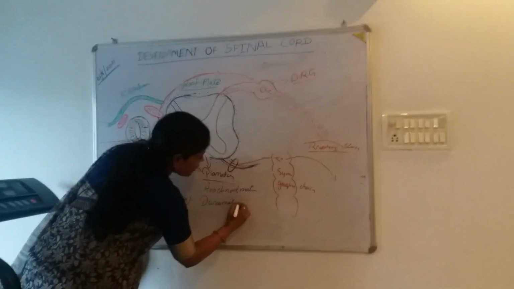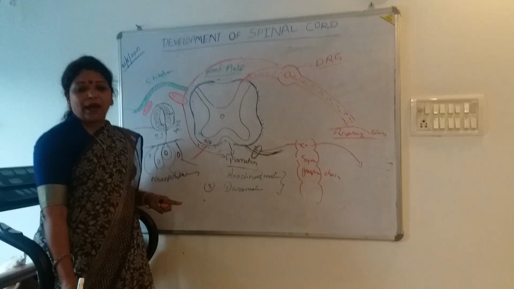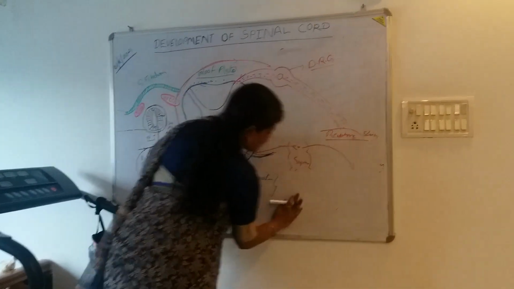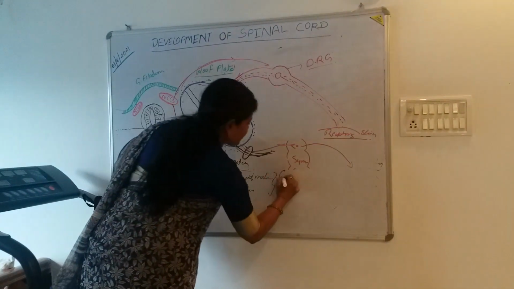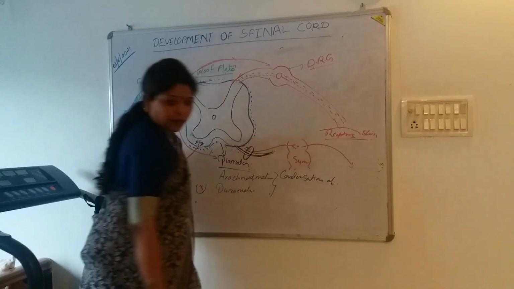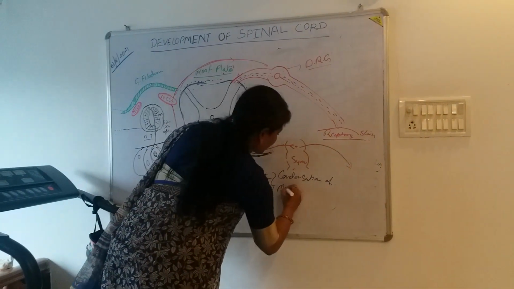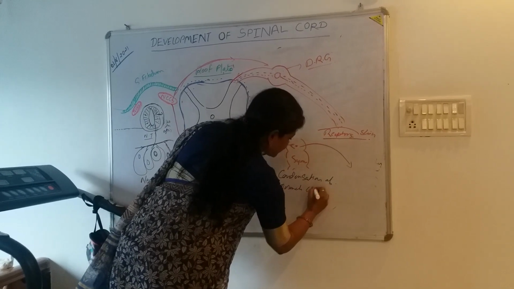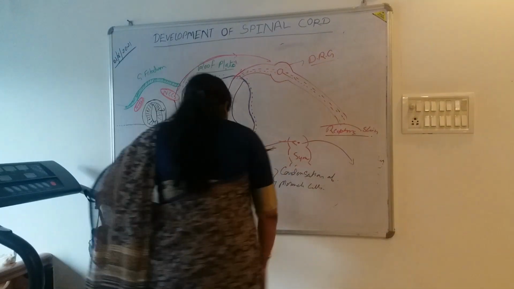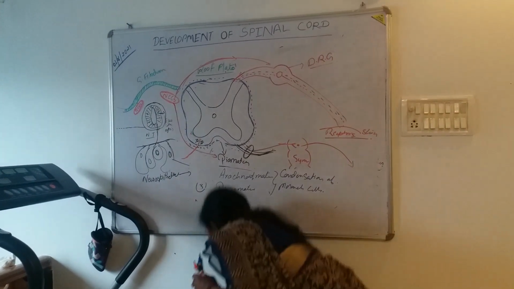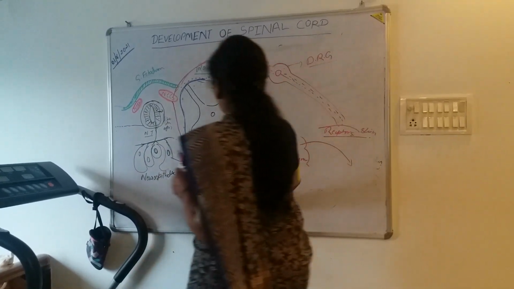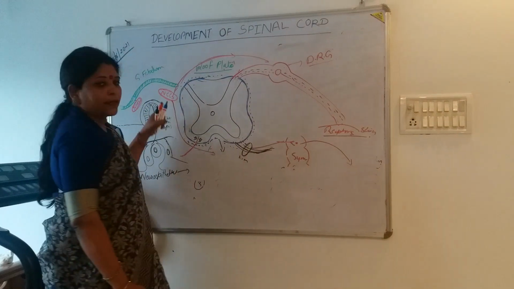Both dura and arachnoid are formed by the condensation of the mesenchymal cells, the surrounding tissues. Sometimes in the objective you are asked which layer is derived from the neural crest cells, and that is the pia matter.